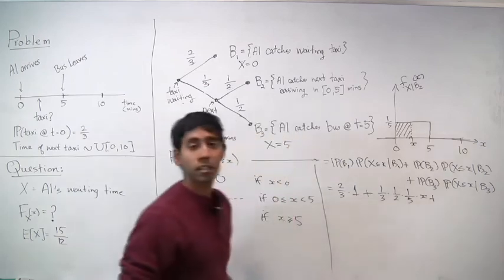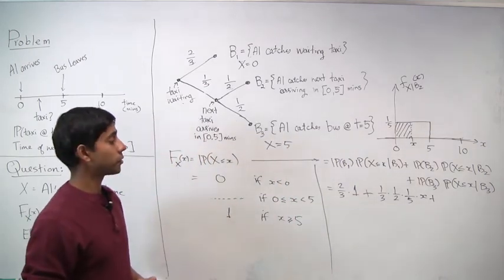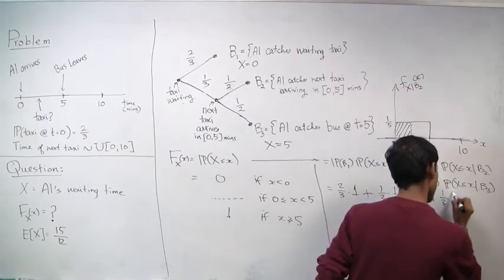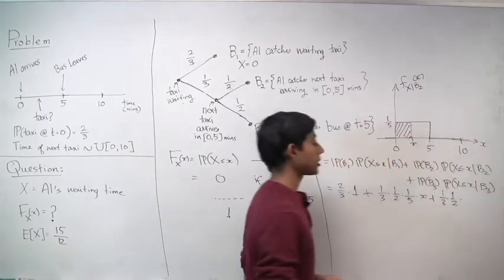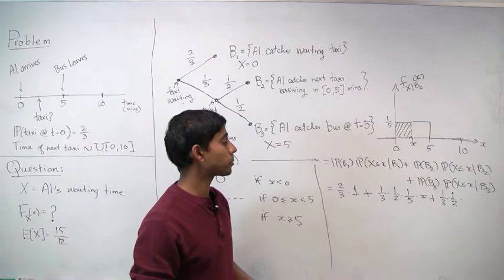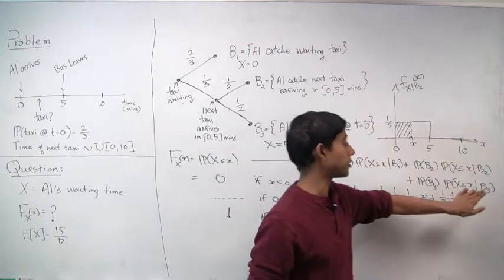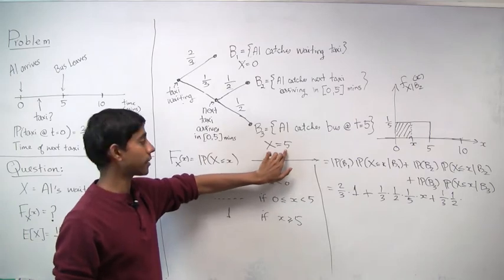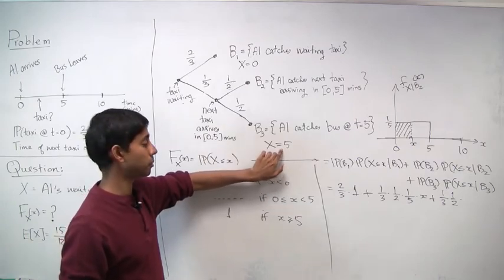And finally, the probability that B3 happens is going to be 1/3 times 1/2 again, times the probability that the random variable x is less than or equal to little x given B3. Well, when B3 happens, x is going to be exactly equal to 5, random variable.